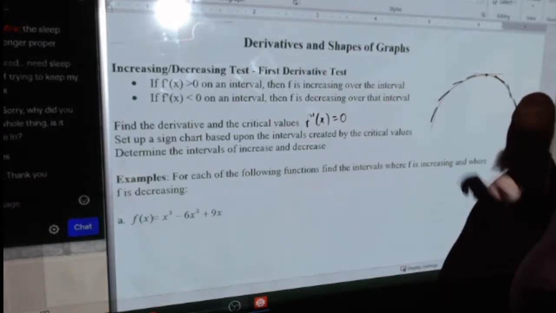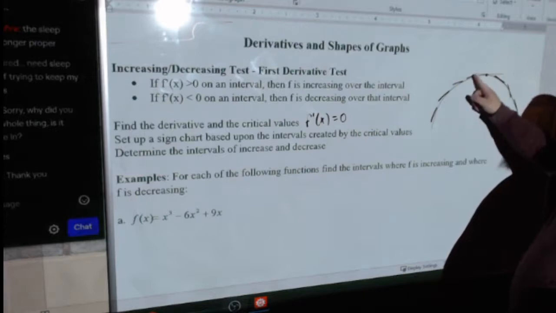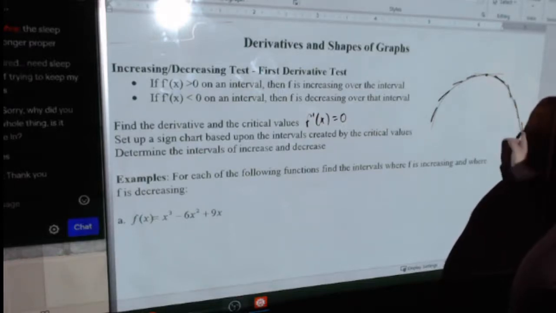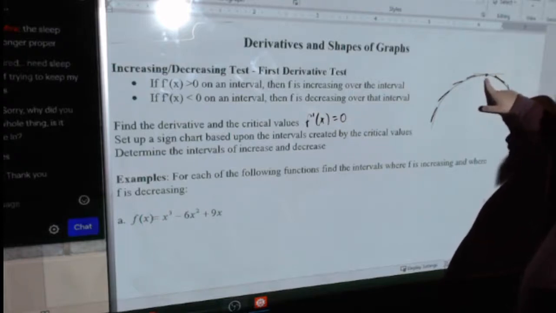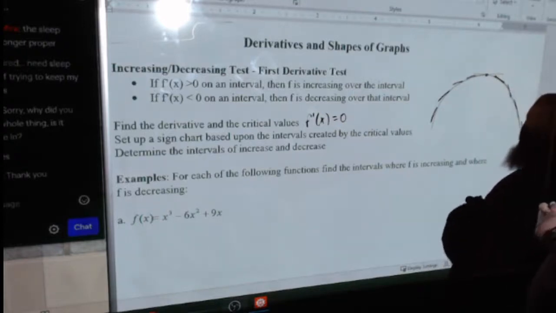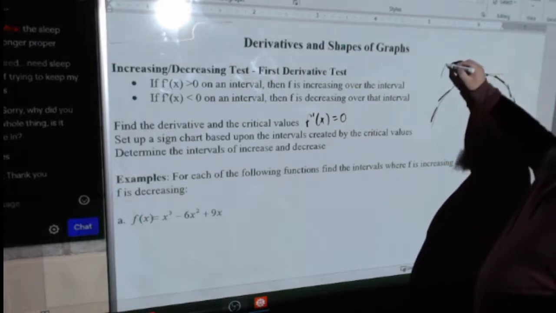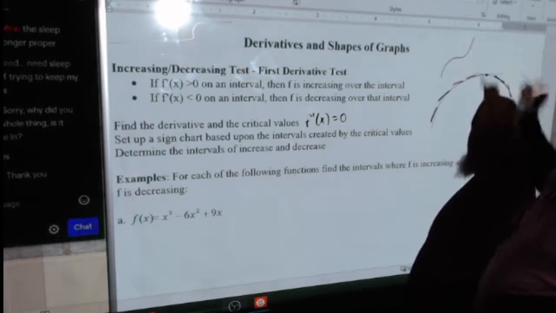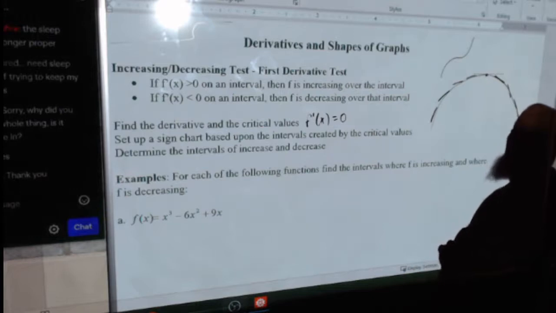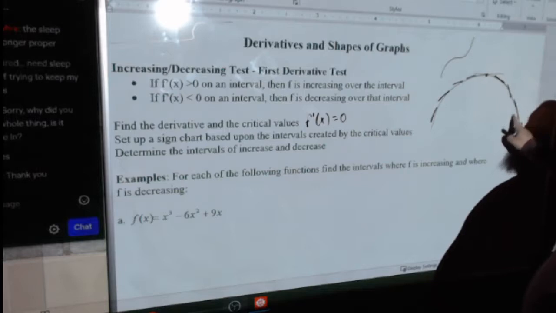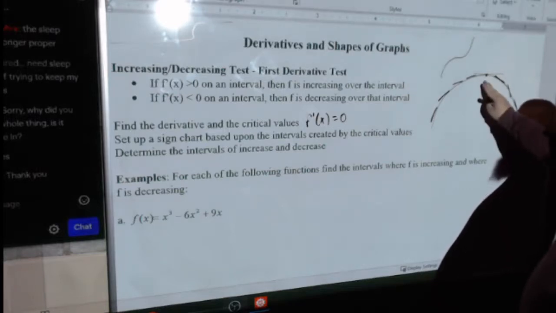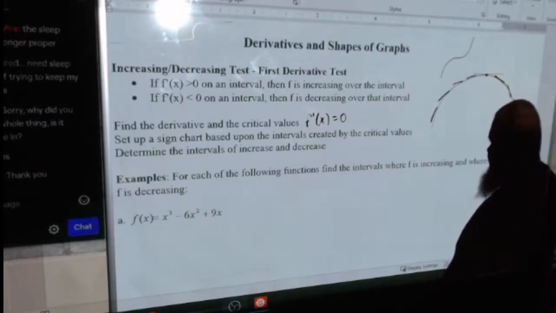Most times, the slopes change if the graph has a slope of 0 somewhere. So here we went from positive to negative, and somewhere in between it had to be 0. You can't have cases where you're increasing, go to 0, and keep increasing. So that's not always the case. But if you see a sign change, that also tells us something about the graph. So we'll talk about that.